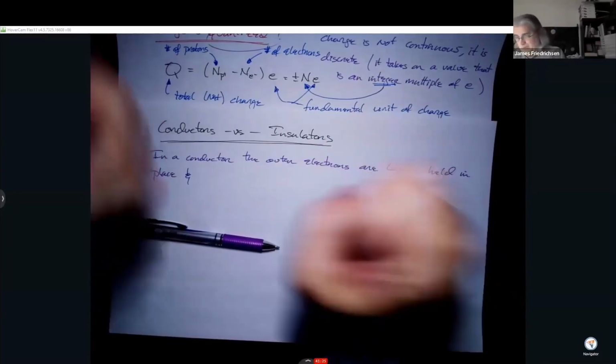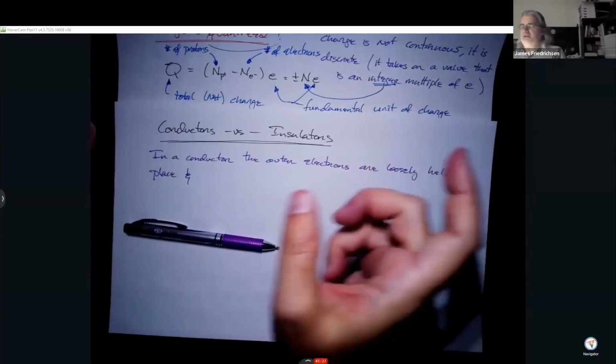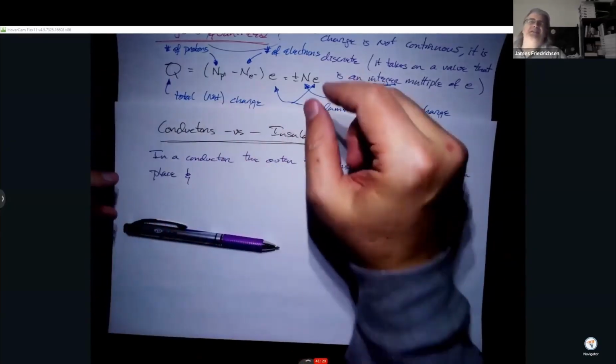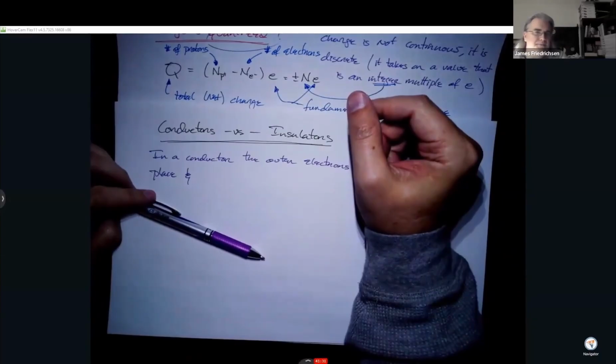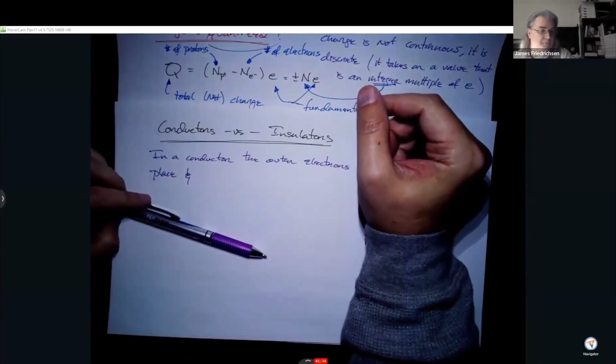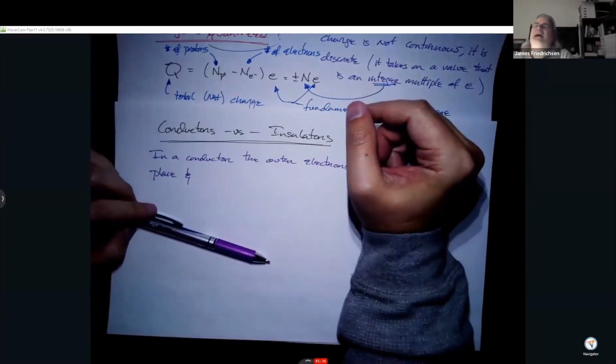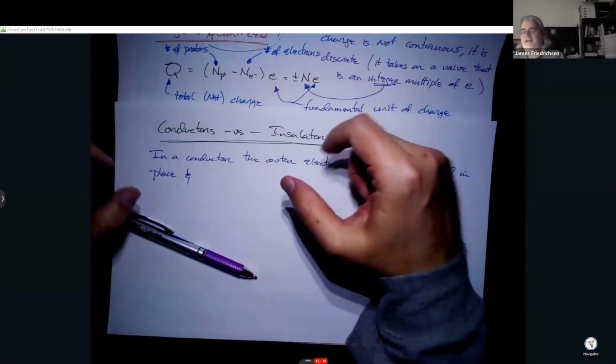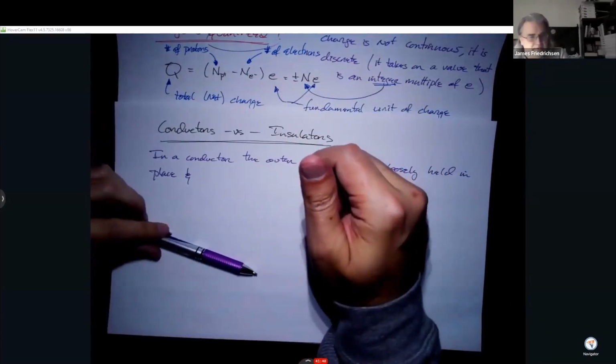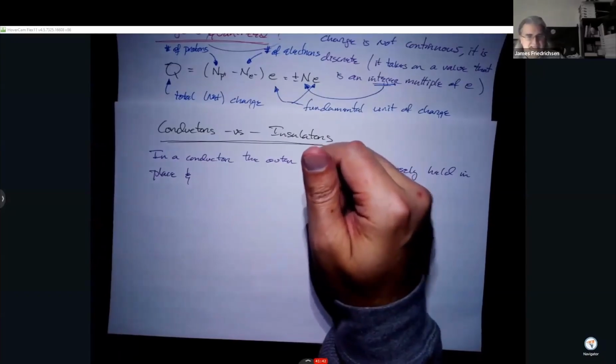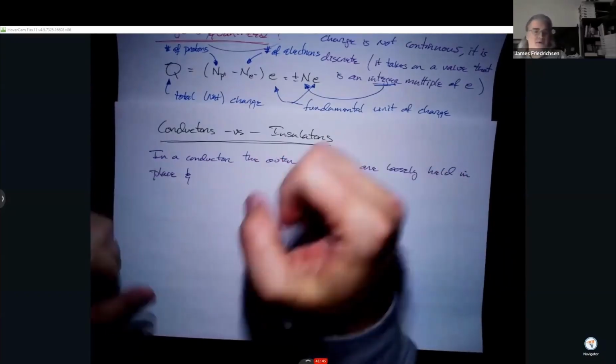They sit there and they wiggle around. And so you get this change in the bond length between the two atoms that is somewhat variable. Okay. But in equilibrium, they have some sort of average bond length, which is the separation between the atoms, but they sit there and they wiggle around in place.